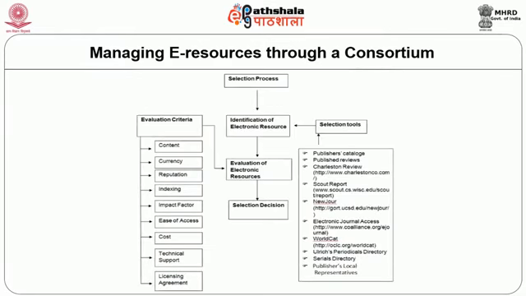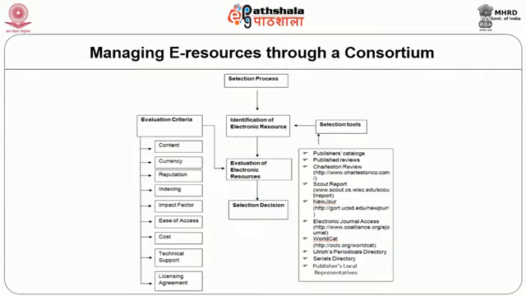In this section, we will discuss the major steps involved in the process of managing e-resources in a consortium. The first step is selection and procurement of information resources. Resource selection for consortial purchase requires considerable care, effort, and judicious involvement of the members.